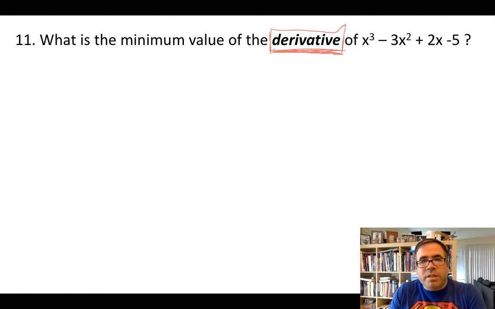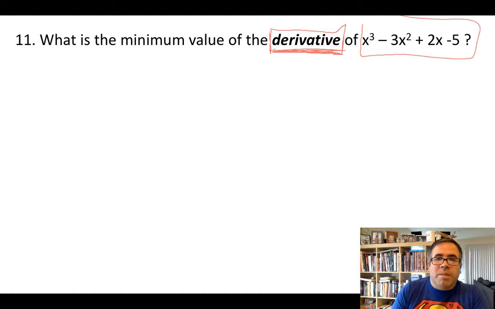I really wanted you to see that I was asking for a minimum value, but I was not asking for the minimum value of this. I was asking for the minimum value of the derivative of this. So the first step is, of course, finding what the derivative of this is. Well, it's going to be 3x squared minus 6x plus 2.